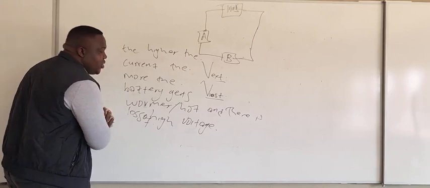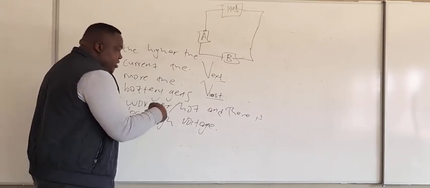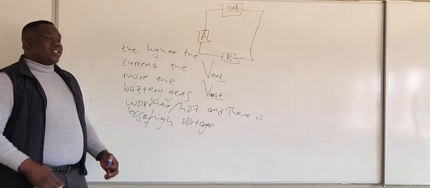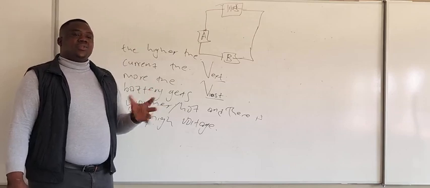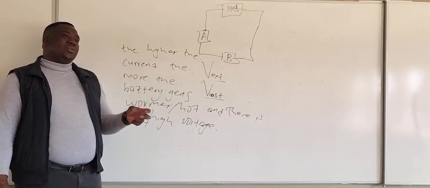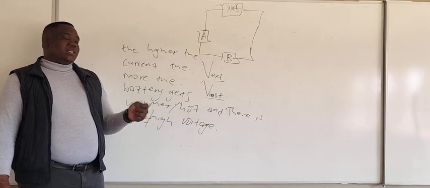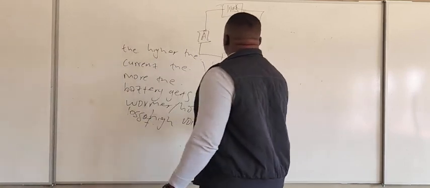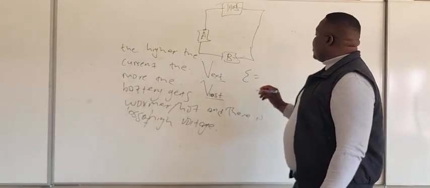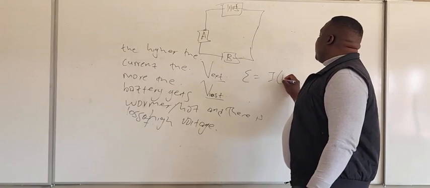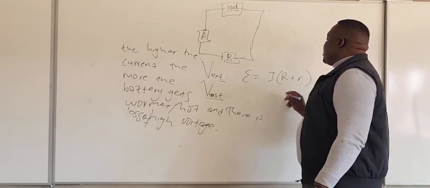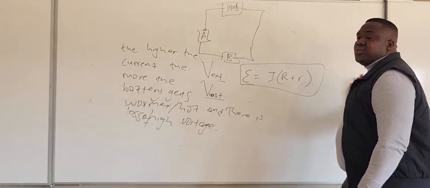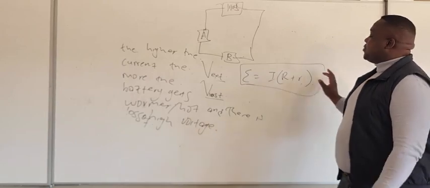Okay, I know you may be confused, because Ohm's law is the one which confuses you. In the first section of grade 11, we are going to talk about Ohm's law. But when we introduce this formula, which says EMF equals current multiplied by external resistance plus internal resistance, this formula says something which seems contrary to Ohm's law.